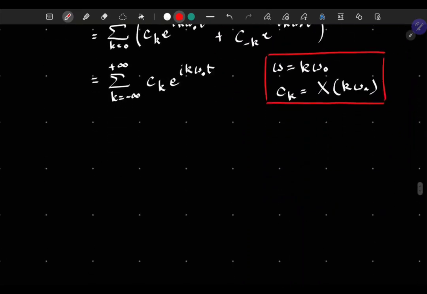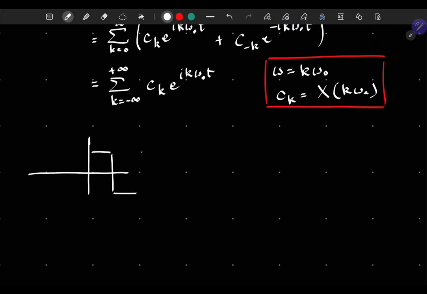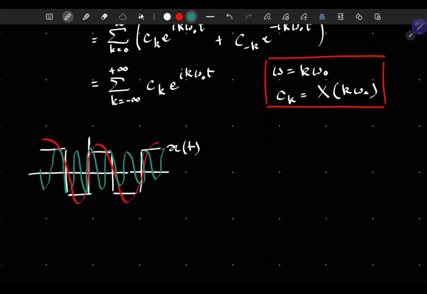Now, as an example of this, you might have seen the representation of a square wave as a sum of sinusoids. And sometimes this is also represented as the coefficients of the sinusoids. In particular, here we only have odd functions because the square wave is odd, and the coefficients will be something like this.